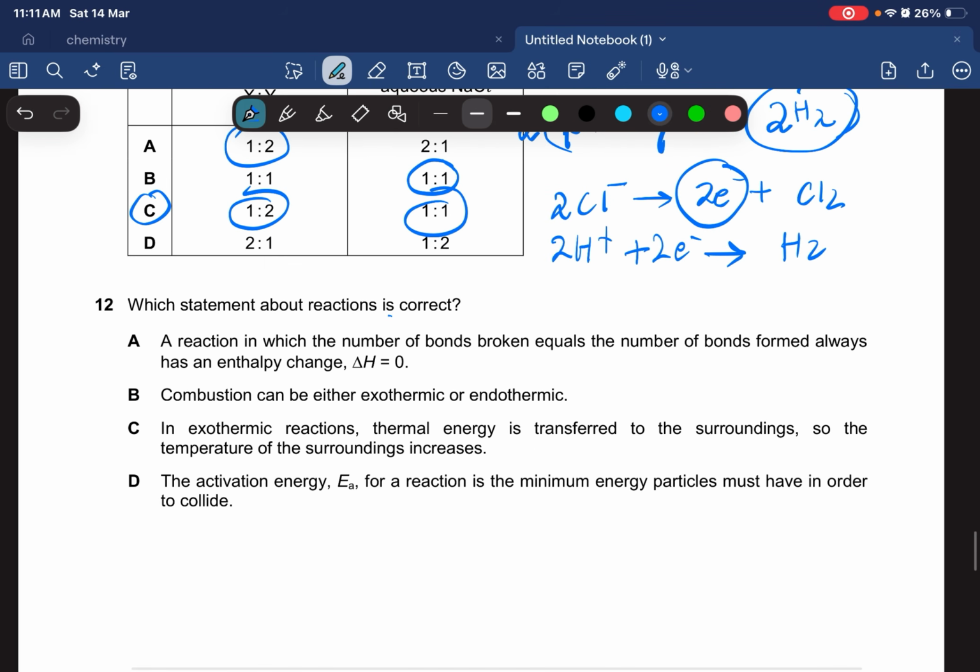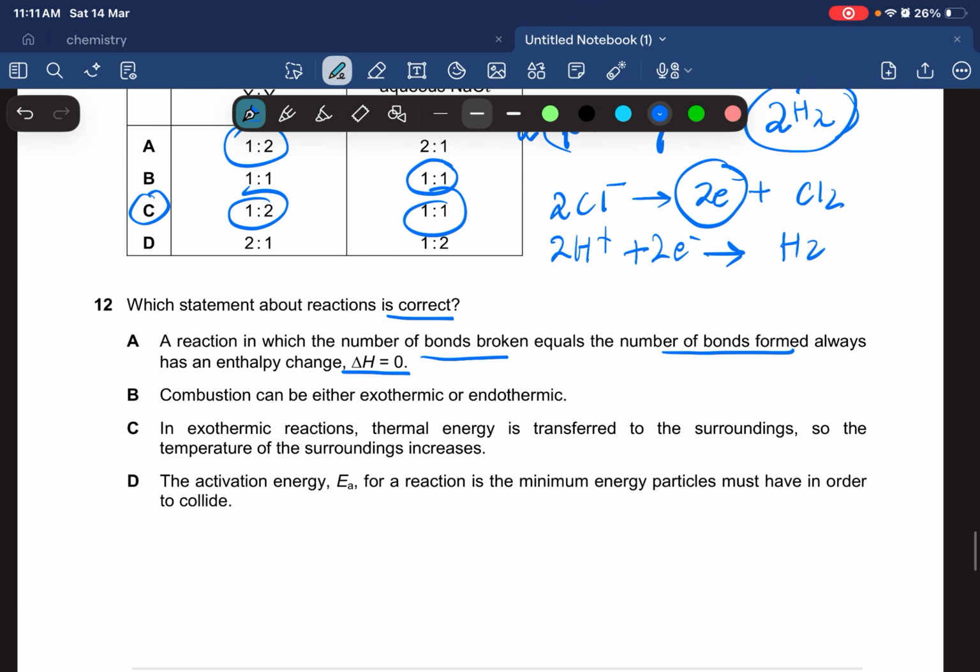Which statement about the reaction is correct? A: A reaction in which the number of bonds broken equals the number of bonds formed always has an enthalpy change delta H equals 0. Now this might confuse some of you, but no worries at all.